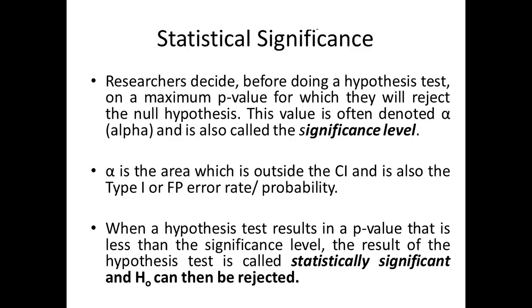That significance level is the probability that we also call alpha. So the story goes like this: if after the hypothesis testing we obtain a probability value which is less than alpha, then we say that our results are significant, our test is significant, and we have enough statistical evidence to reject the null hypothesis.